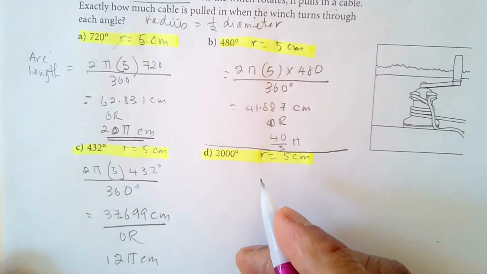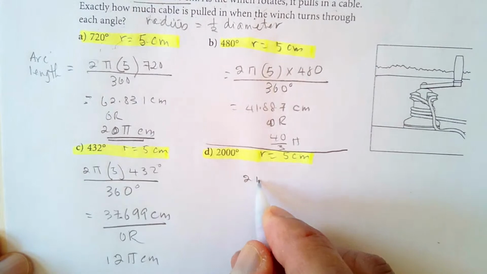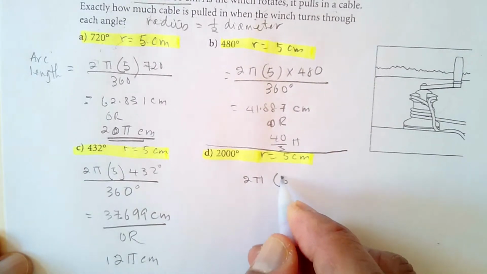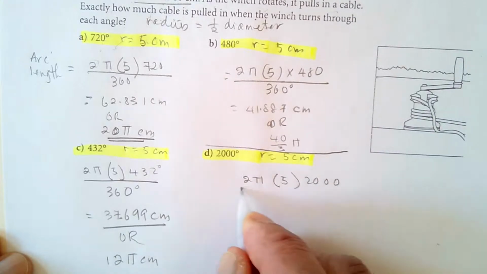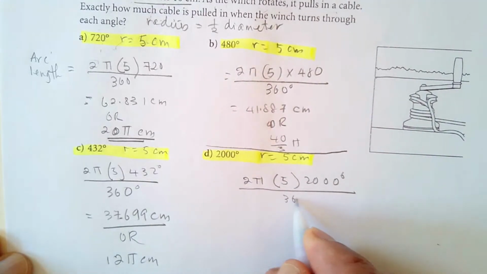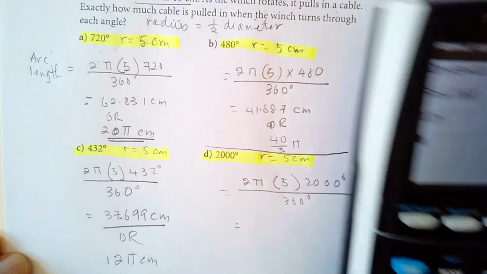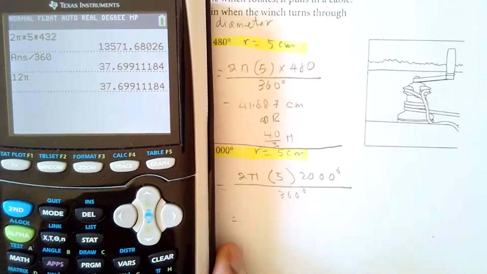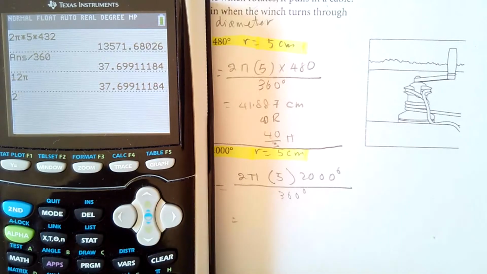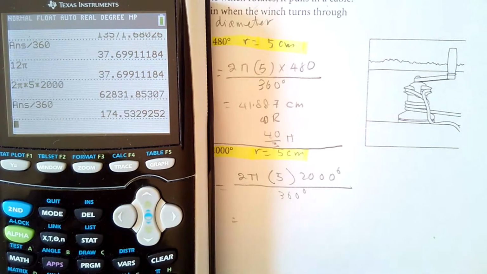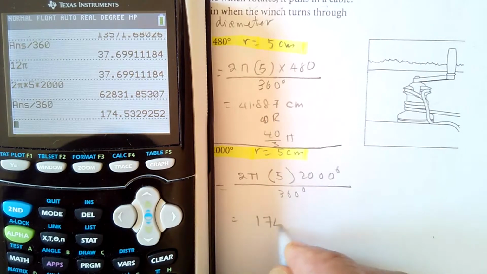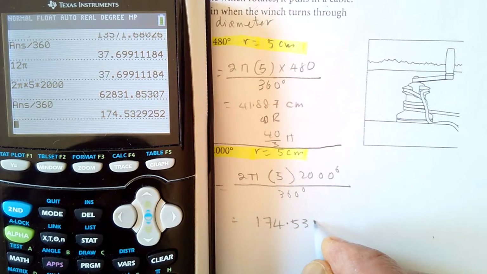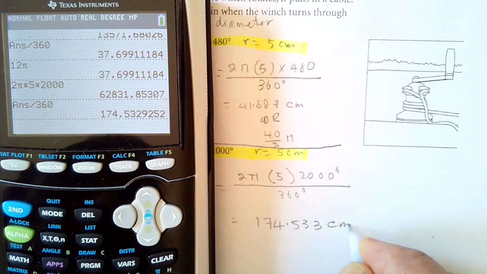Final question in this part, we have 2 times pi times 5 times 2000 divided by 360 degrees, and that would be 174.533 centimeters.